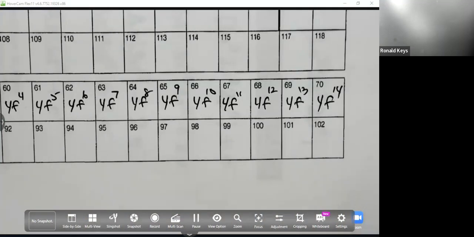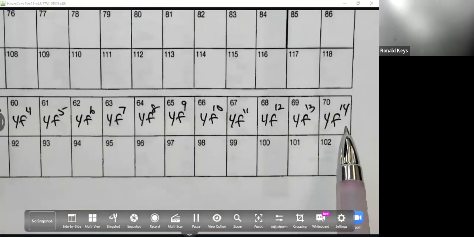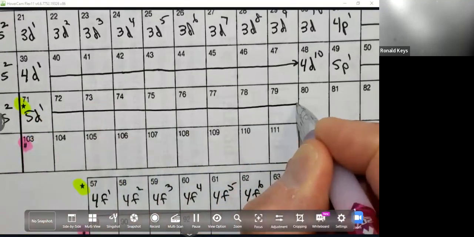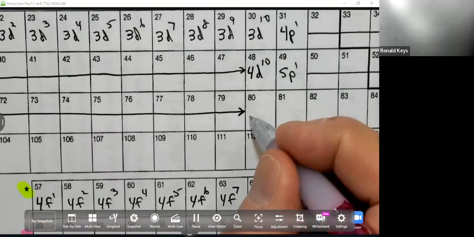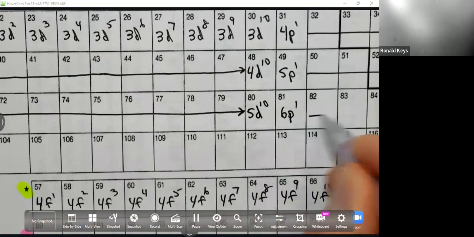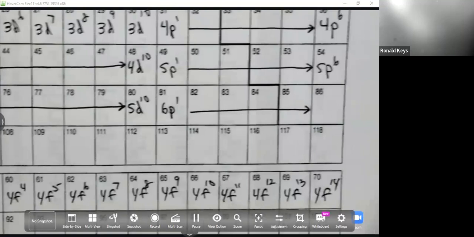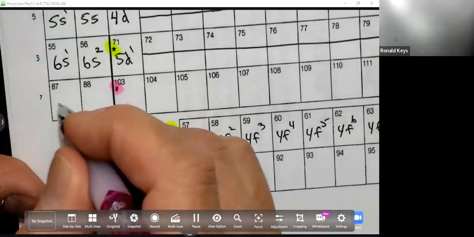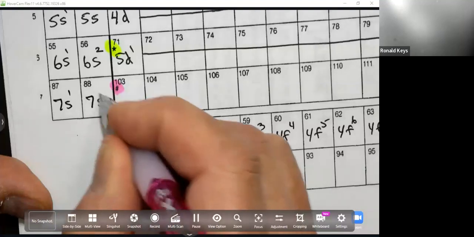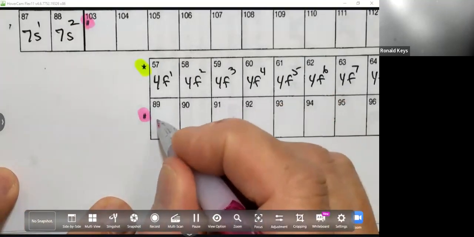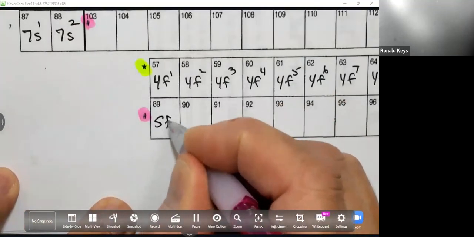Now we're gonna rock and roll this out. After 4f14, we come up here, 5d1 to 5d10. 6p1 to 6p6. 7s1, 7s2. Then we're down here, 5f1.